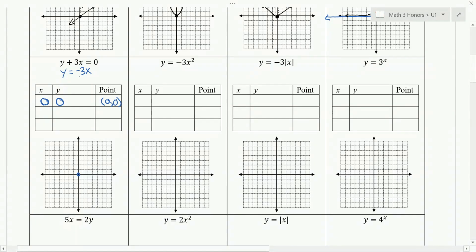And our slope is negative 3 over 1, which means I'm going to drop 3 for every 1 I go to the right. And so from 0, 0, I'm going to drop 3 and go right 1. I'll drop 3 from that point and go right 1 again. And so I got my 3 points pretty quickly there using the slope. And then I can go back to the chart and write those in. So I got 1, negative 3, and 2, negative 6.